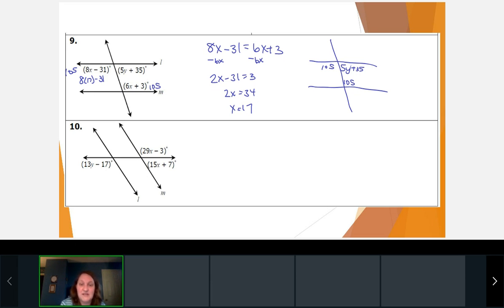If you chose to relate it to this angle, they're supplementary because they're consecutive interior angles. If you chose to relate it to this 105, they're supplementary because they're a linear pair. Either way, they're supplementary. Okay, so get rid of this. You're going to set up an equation where your 5y plus 35 and 105 are supplementary.